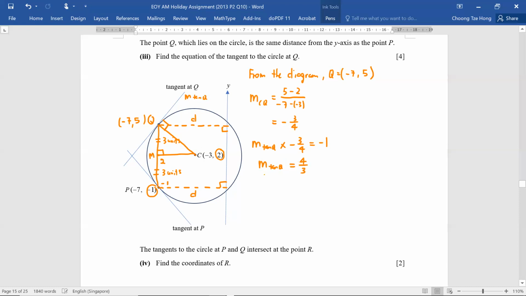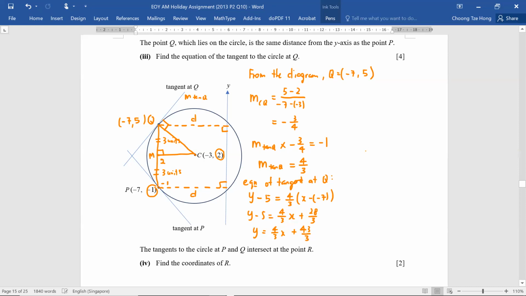Therefore we can find the equation already. So the equation of the tangent at Q: y minus y1, so we need to use the coordinates of Q, equals m times x minus -7. So you get y minus 5 equals 4/3 times x plus 7, and you get 28/3. Bring the 5 over, you will get plus 15/3, so 43/3.